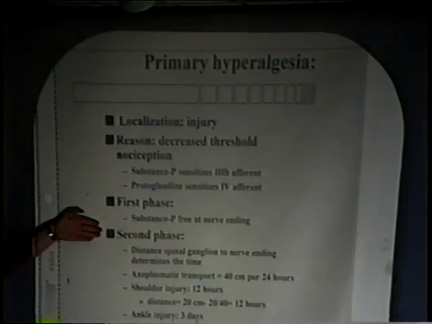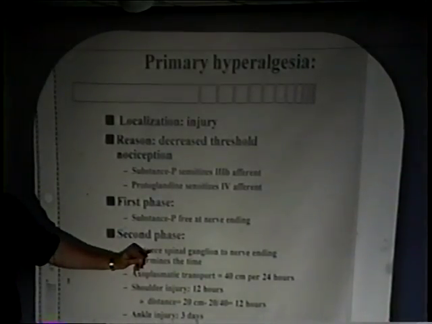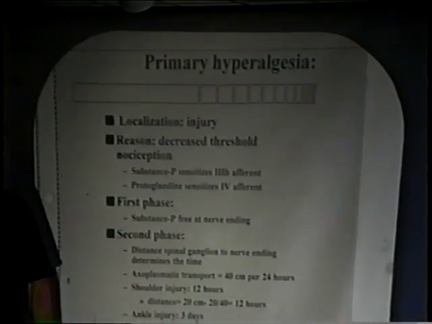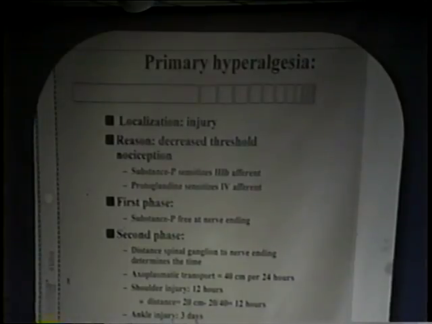And then we have the second phase, in which, as we have seen, from the spinal ganglion, the substance P must travel to the nerve ending to give the second reaction. And that is the second phase of the primary hyperalgesia.